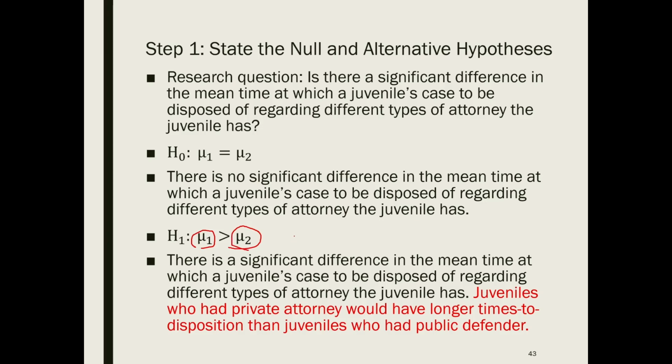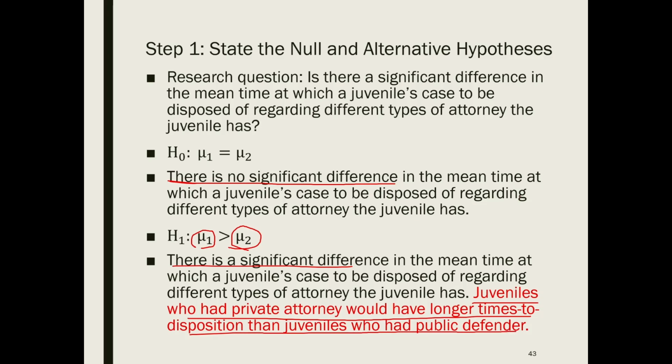The null hypothesis will still be the same: mu1 equals mu2, there is no significant difference. The alternative will be that there is a significant difference. What is the difference? Since it is larger, the difference will be that juveniles who had a private attorney would have longer time to disposition than the juveniles who had a public defender.